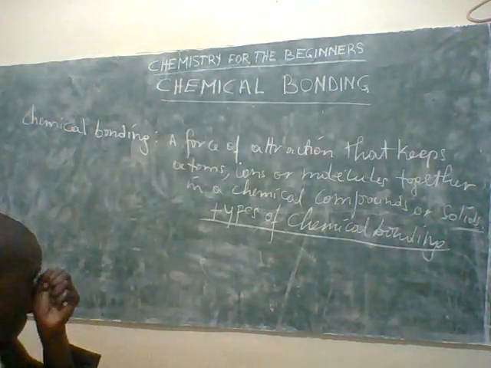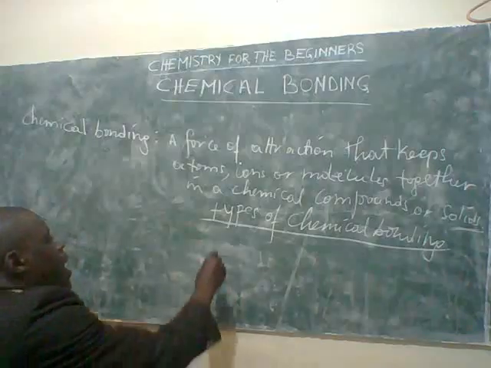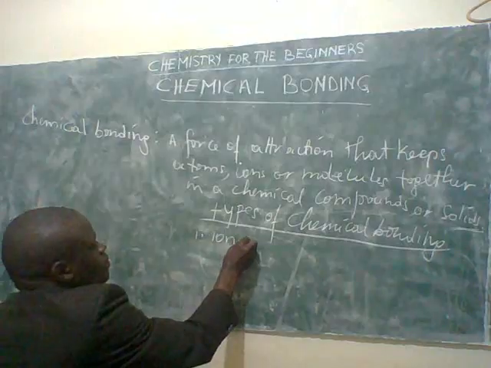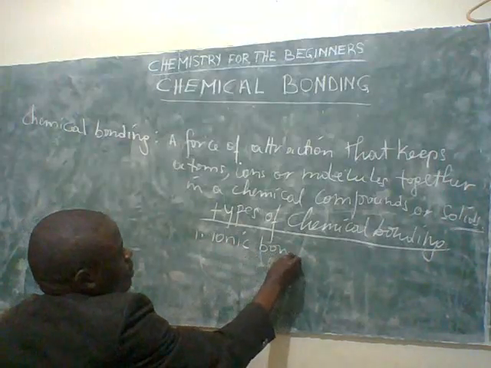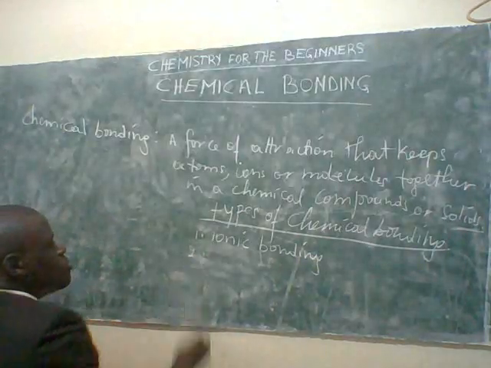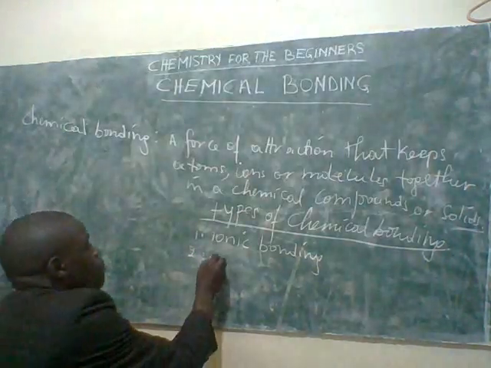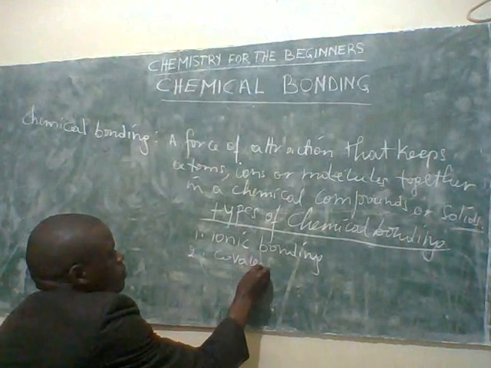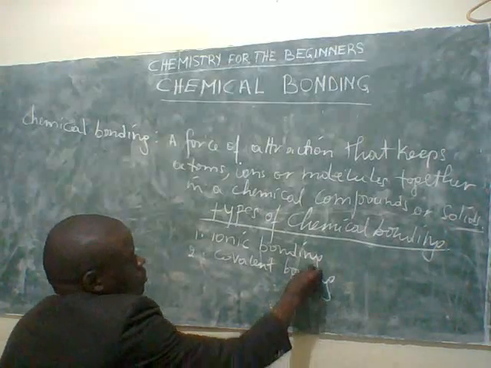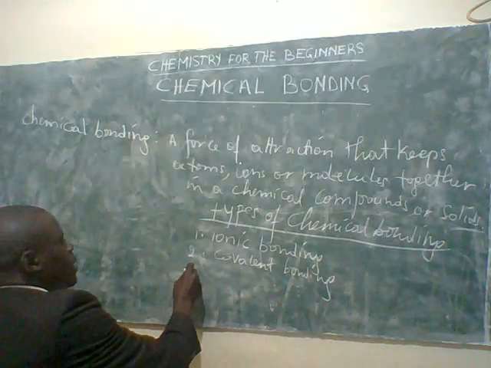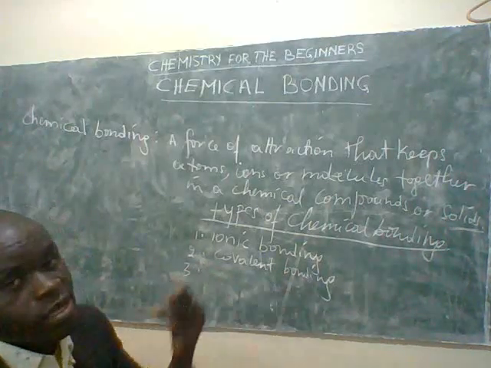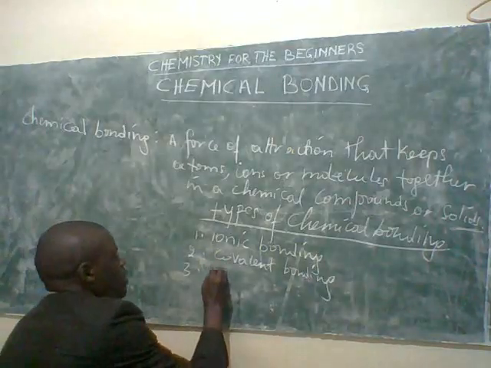Type number 1, you can say ionic bonding. Type number 2, we call it covalent bonding. Type number 3, we can say it is metallic bonding.